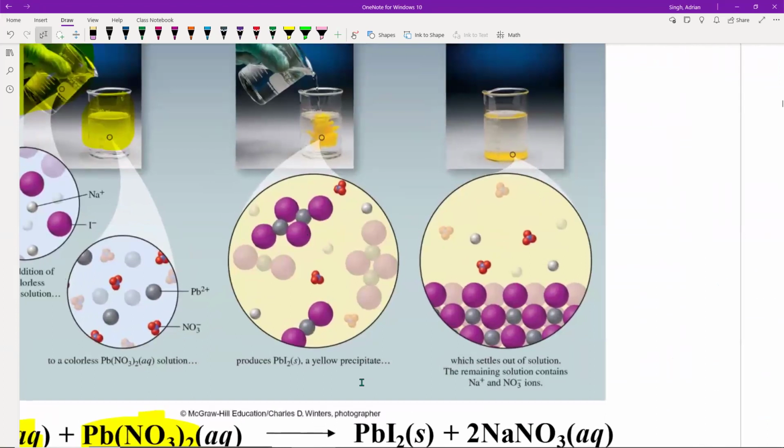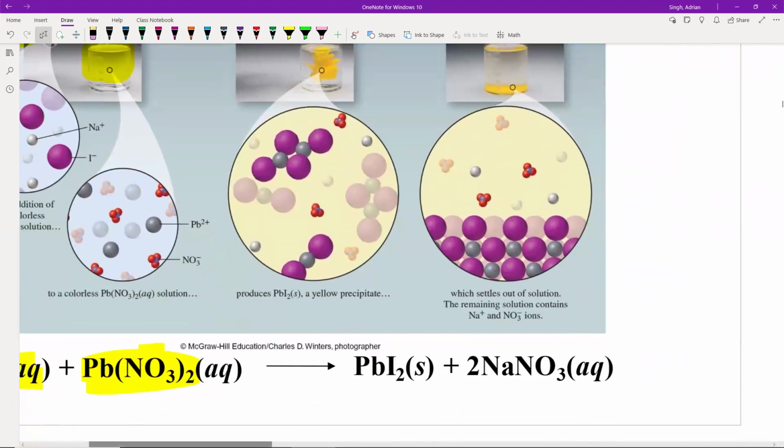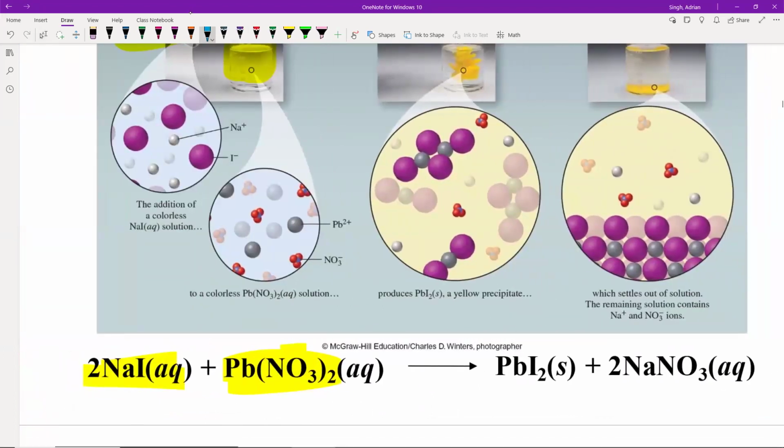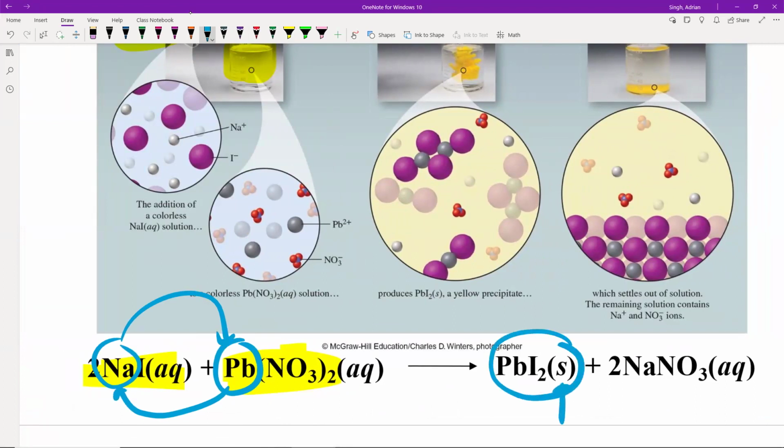And what's happening here is that this is an example of a double replacement reaction, okay, where the lead and the sodium swap places with each other. The lead then combines with the iodine to make lead 2 iodide. And that is the solid. That's the yellow solid that's made.